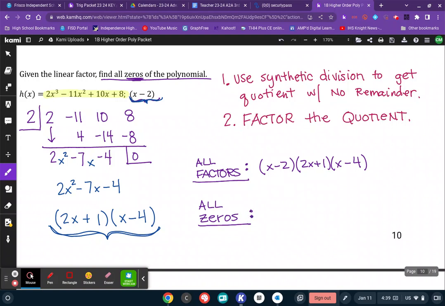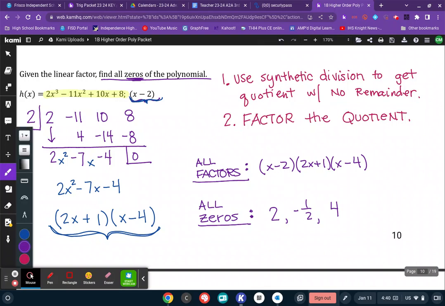And so the first one is positive 2. This one is negative 1/2, and then positive 4. So in case you're curious, the process for finding the zeros is what we do here. The basic algebra happening in between this step and this step is we set each individual factor equal to 0 and then solve.